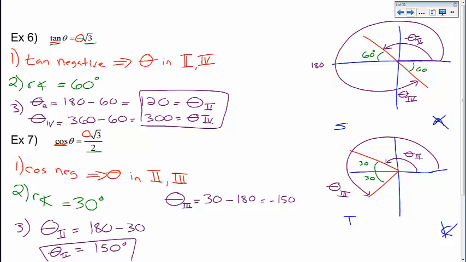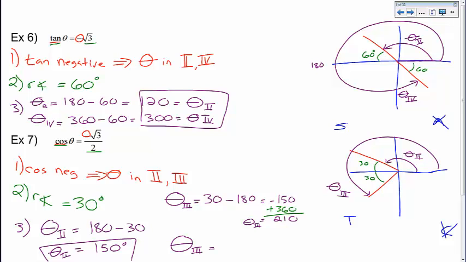Well, remember, we're looking for a positive angle of theta between 0 and 360. So what I need to do is find that positive coterminal angle. In other words, add 360 to your negative value. You should come out to a new angle that stops at the same terminating side, and that is positive. In this case, 210 degrees. And what I say is that theta in 3 is equal to 210.